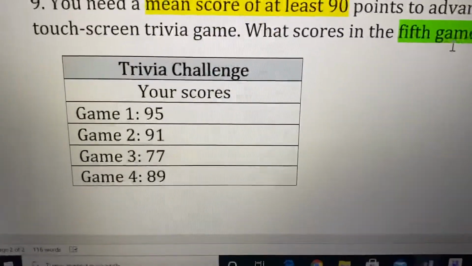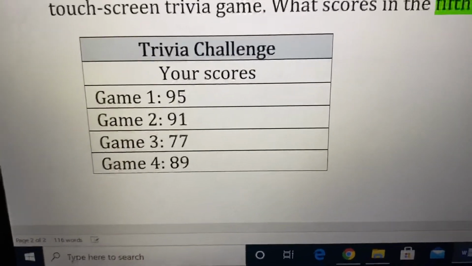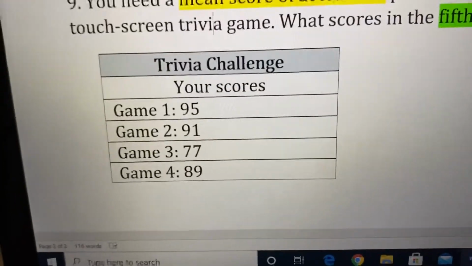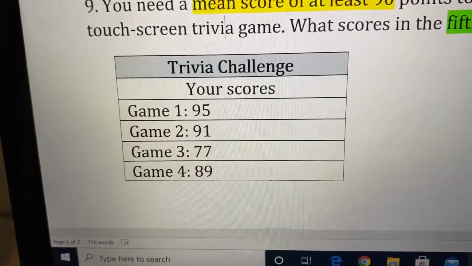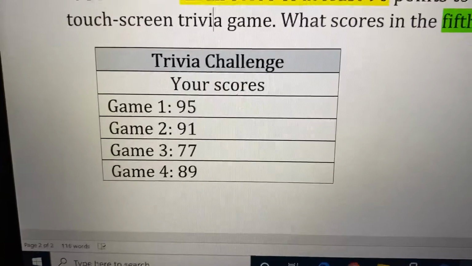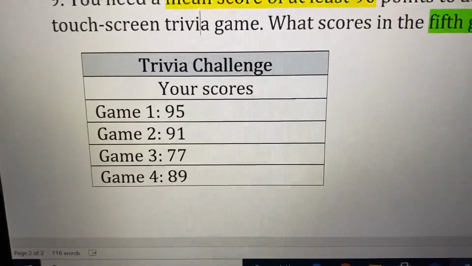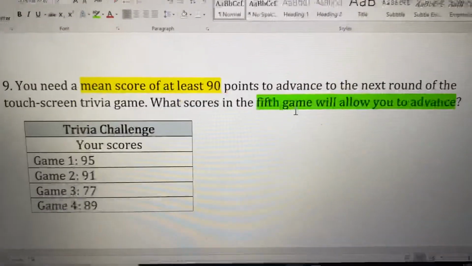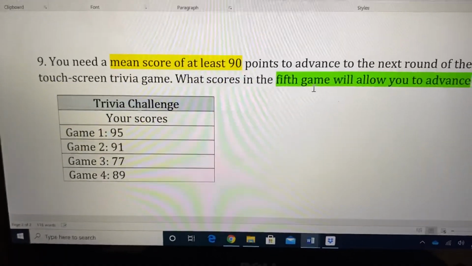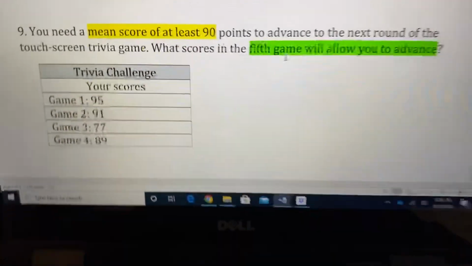They were also nice enough to give us more information. So for the trivia challenge, they gave us the scores for game 1, game 2, game 3, and game 4. So now using this information, I'm going to show you how to solve it using inequalities.